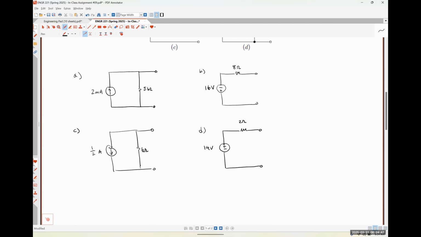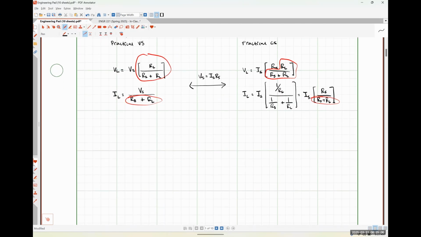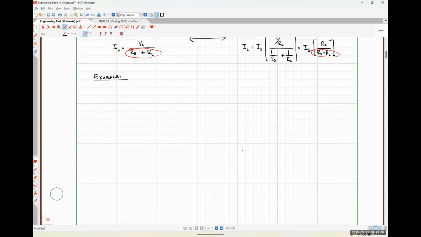Okay, so I think we largely understand the rules for how to apply a source transformation. So now let's look at this in context of how it might be useful to you all. So I'm going to draw a big circuit here.